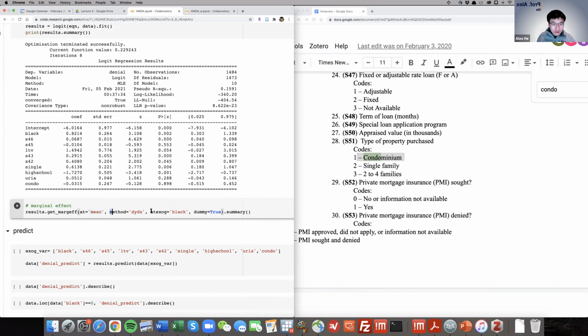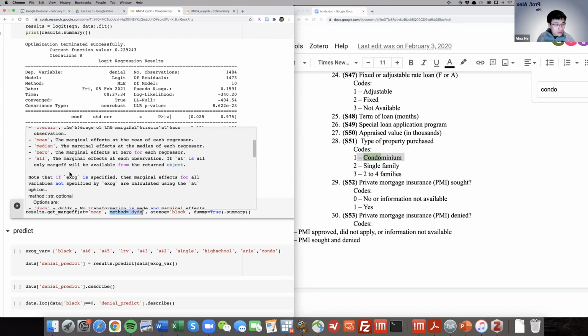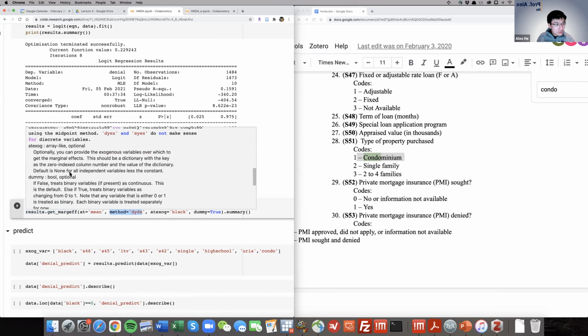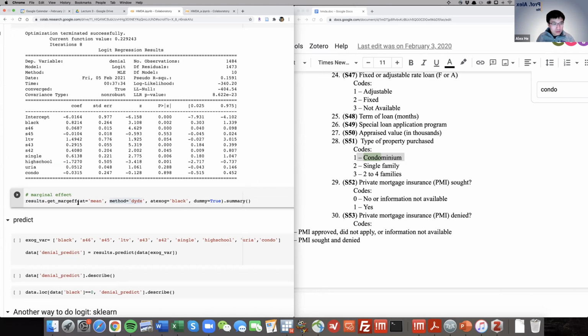And then the method is just to take the derivative. This argument is the variable that you want to calculate the marginal effect for. Here we don't care about all the other variables. We only care about the black variable. And then the last one, dummy. I'm not sure what that is.